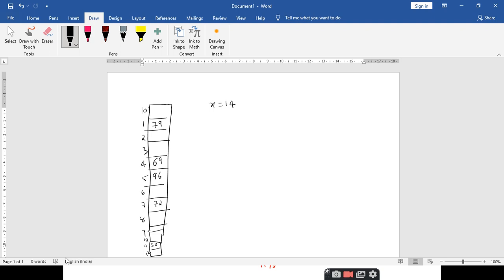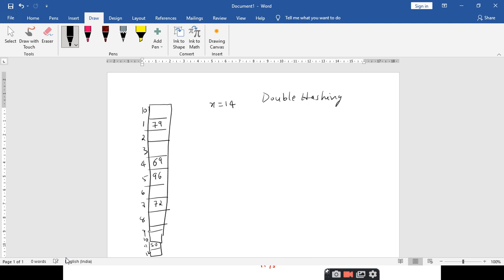Forget about how this 79 or this 69 was inserted, we are not bothered about it. He has given a problem saying that this is the present situation of the hash table, and my concern is all about inserting the element 14 inside the hash table by using the mechanism of double hashing.